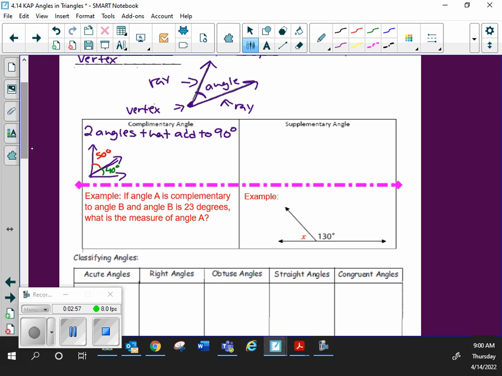I'm going to call this angle A up here and angle B down here. The way that I can write this with math notation is, it's going to be weird, the measure of angle A plus the measure of angle B. We use different little symbols. They will use the letter M specifically. The measure of angle A plus the measure of angle B is equal to 90.